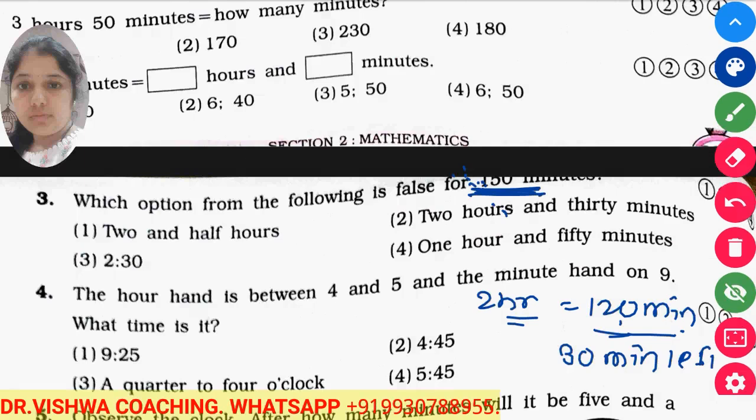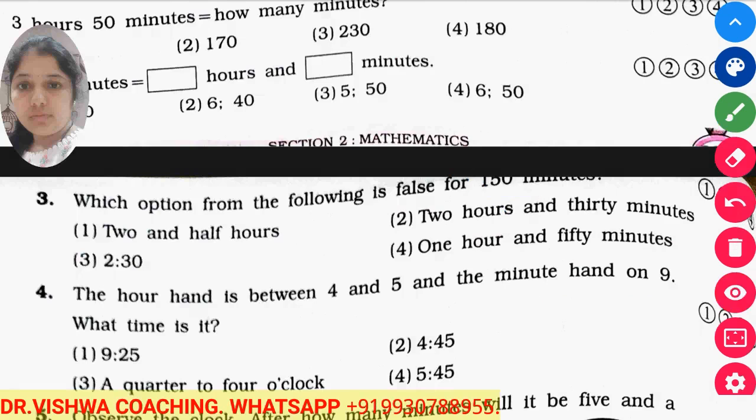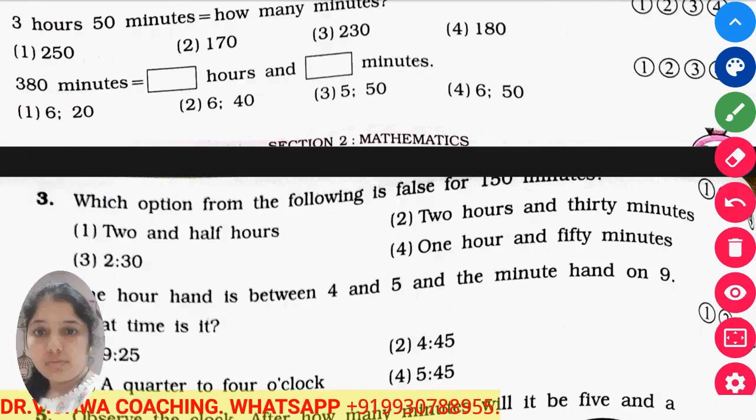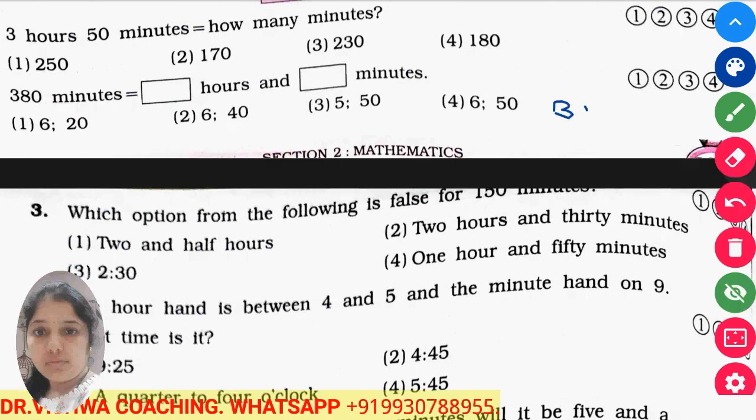Not understood? Okay, I will show you again. Now see, we'll go to the first sum and then again I will show you. Now see, 380 minutes they had given to you, and you know 1 hour is equal to 60 minutes. If I recite the table of 6, 6 6s are 36.